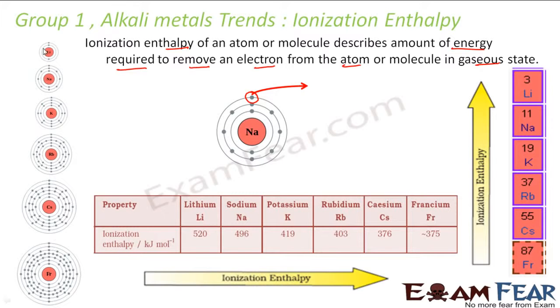So as you know, the size is increasing, right? Now understand this: if the size is increasing, what will happen? The control of the nucleus on these electrons will decrease, right? Because this electron is less controlled, and this is more controlled because it's very near. A very good example is if you are staying with your parents, you are more controlled, right?